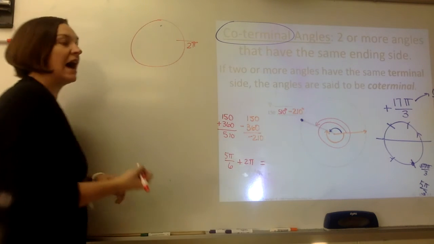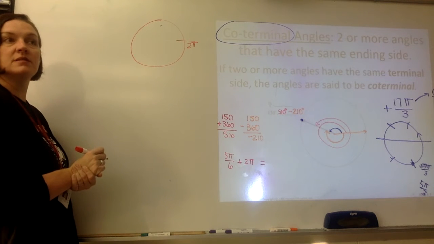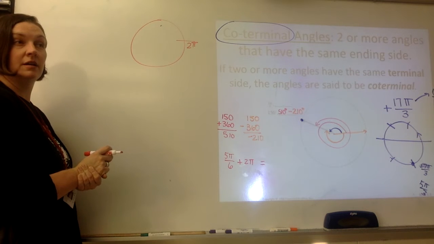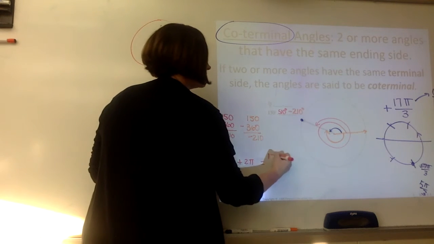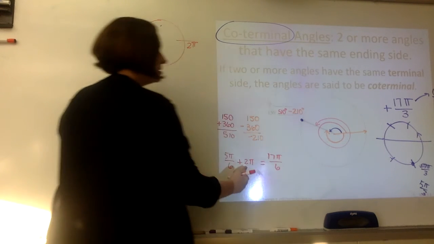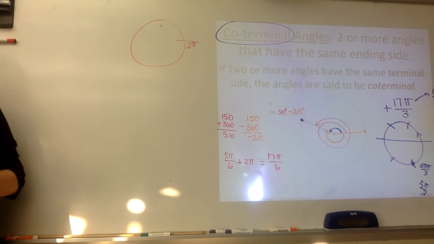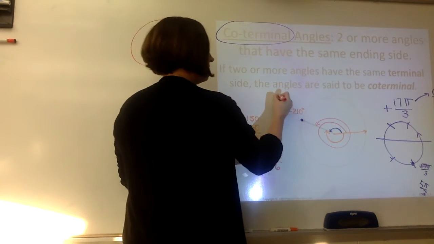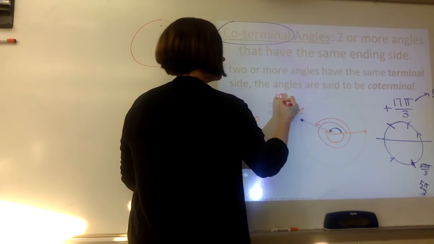So what's your answer? 5 sixths plus 2 in your head, not in your calculator. 17 pi over 6. 12 over 6 is 2. 12 plus 5 is 17. Mental math, good. So 510 is the same thing as 17 pi over 6.